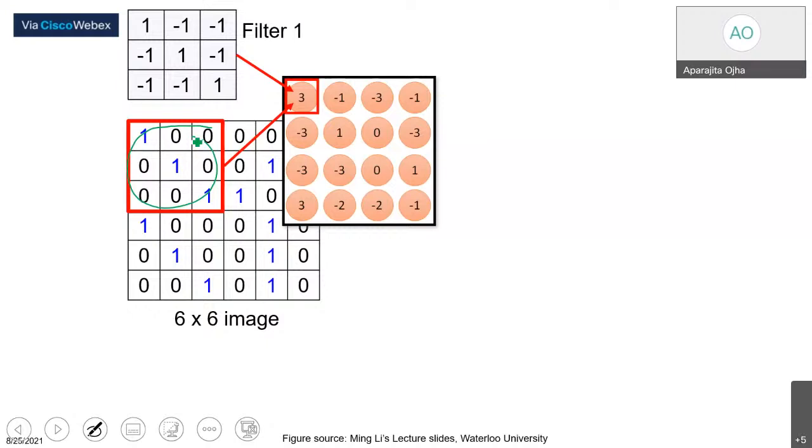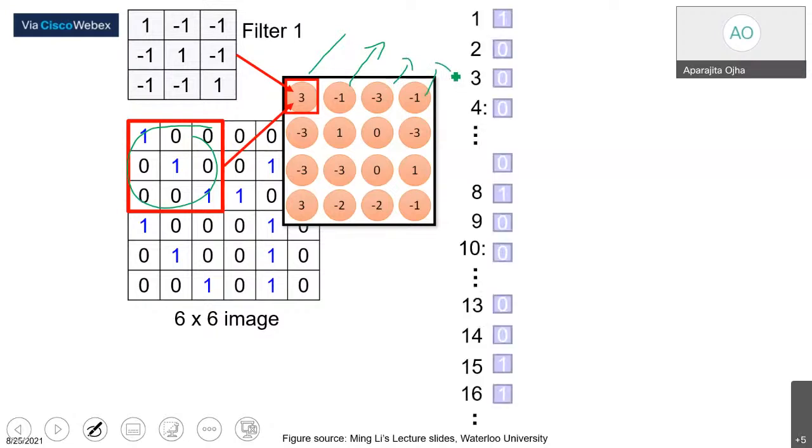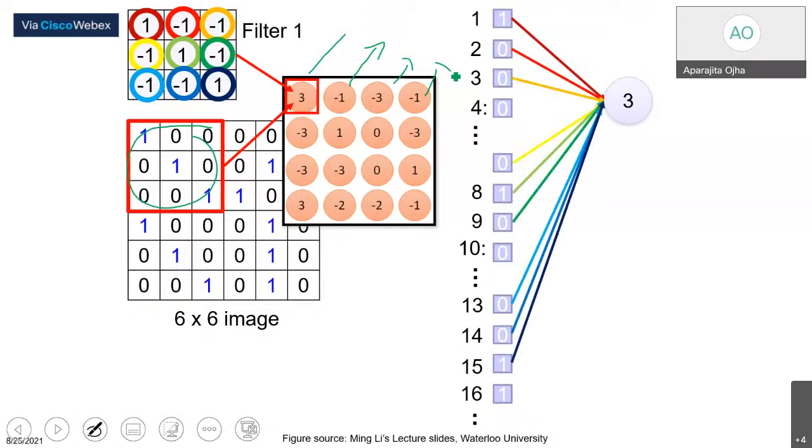Now, all 9 parameters which are used to compute this 3 will also be used to compute -1 and -3 and then -1. So you can see that this 3 is computed by, say, these 9 different parameters, if I use different colors, 9 colors for 9 parameters.